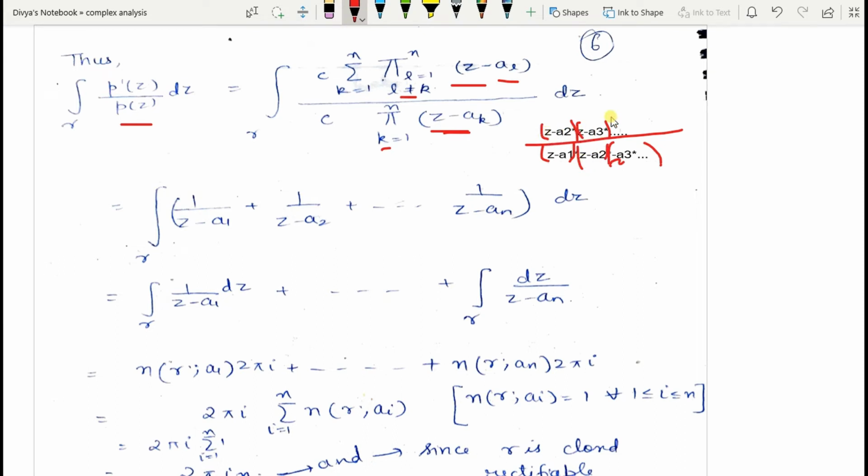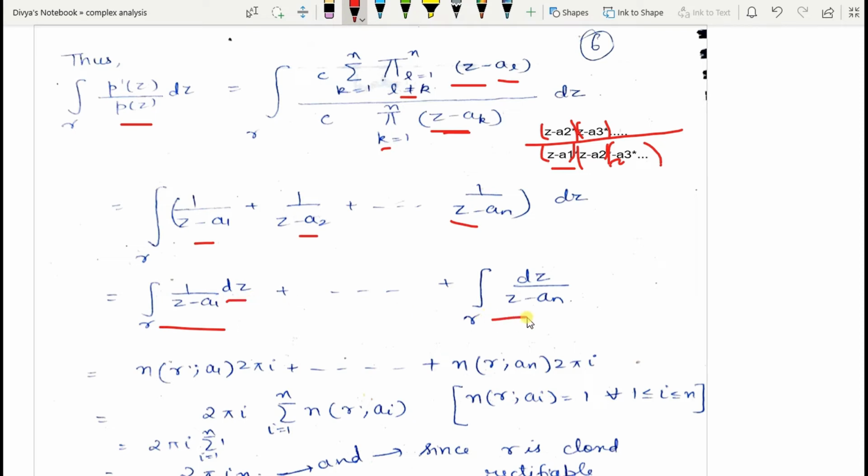So if we are evaluating this, then z minus a2 cancels with z minus a2, a3 with a3, and so on. So what remains for k equals 1 is only 1 upon z minus a1. Similarly for k equals 2 what we would have is 1 upon z minus a2, and similarly 1 upon z minus an, dz. This is an addition, so we can separate this.